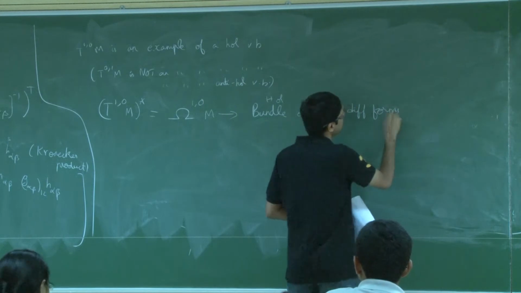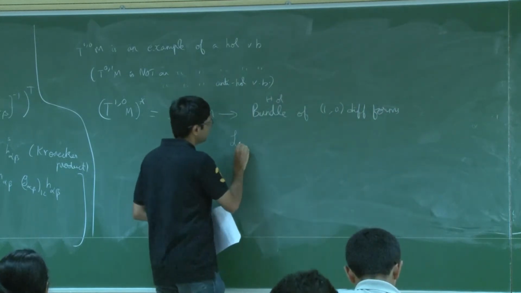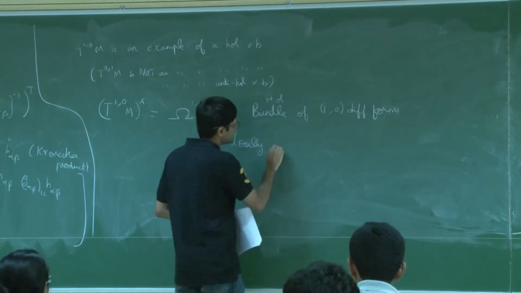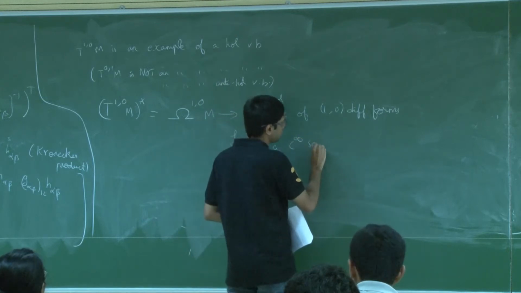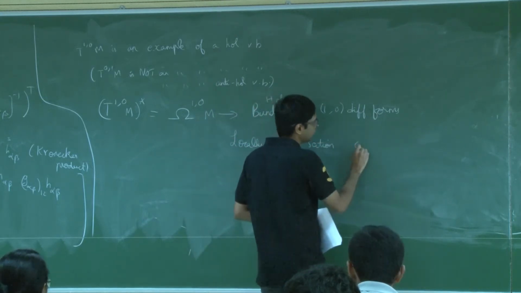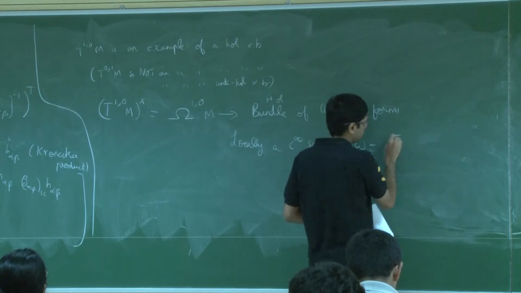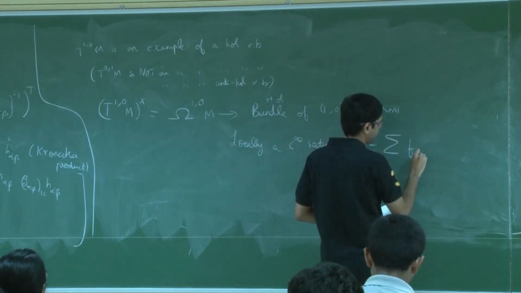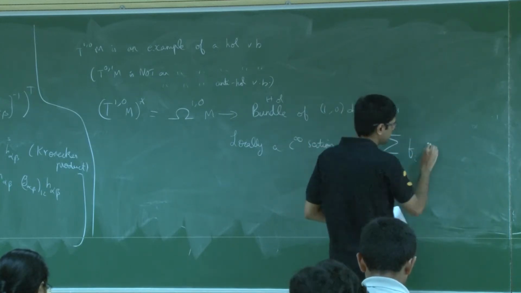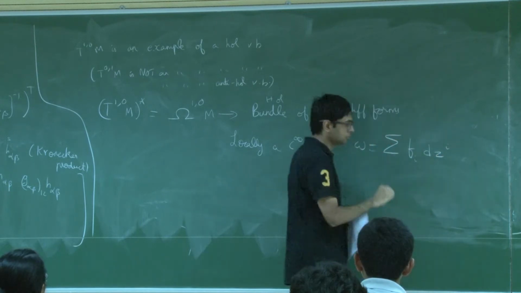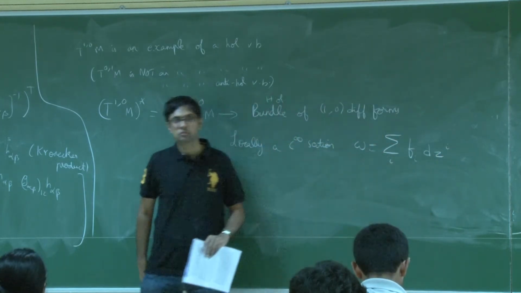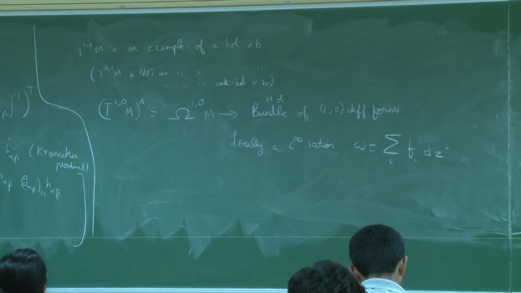What does this mean? That means locally, a smooth section looks like some Fi dzi. Okay? So remember we had differential forms in Cn and Rn. This is just the global version of it.